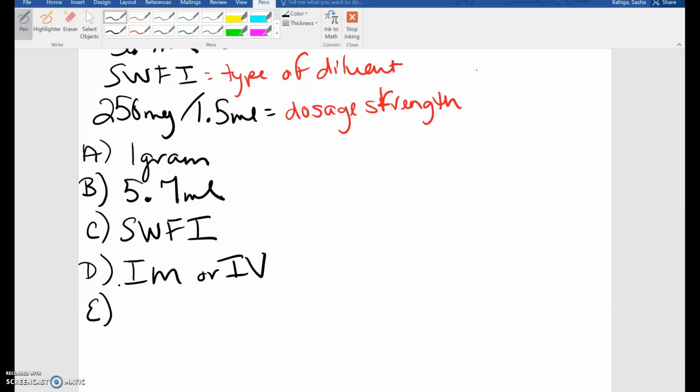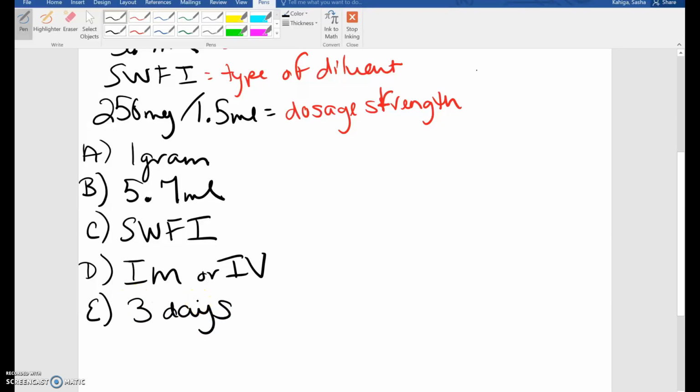Well, if I read on, it says discard solution, I'm reading to the right of the label under where it says read accompanying circular, it says discard solution after 3 days at room temperature. So that's your answer, is that the expiration time for this medication stored at room temperature is 3 days.